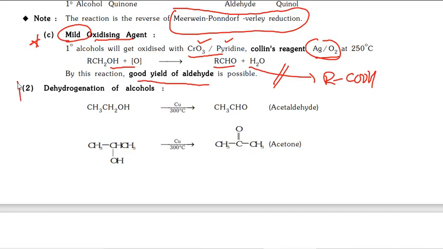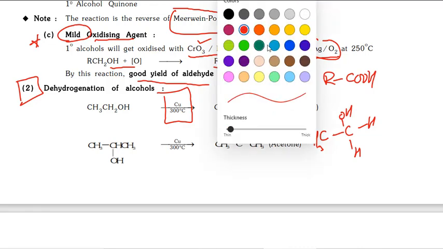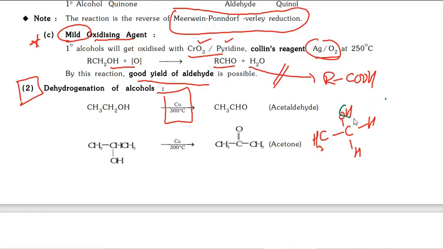Next, one more important reagent, a very simple reagent, copper at 300 degrees Celsius. In this, the mechanism is CH3OH, hydrogen and hydrogen. Here dehydrogenation takes place, that too from the alpha position.